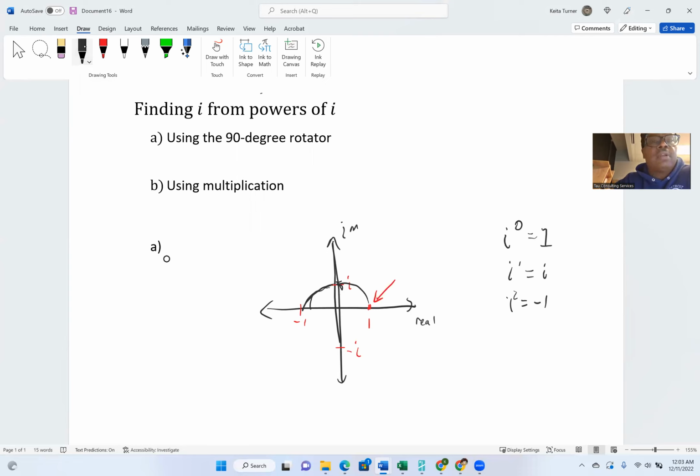I should use a different color. Green, let me see. And then back to black, we have I cubed, which is -I. And then I to the fourth, which is back to 1.